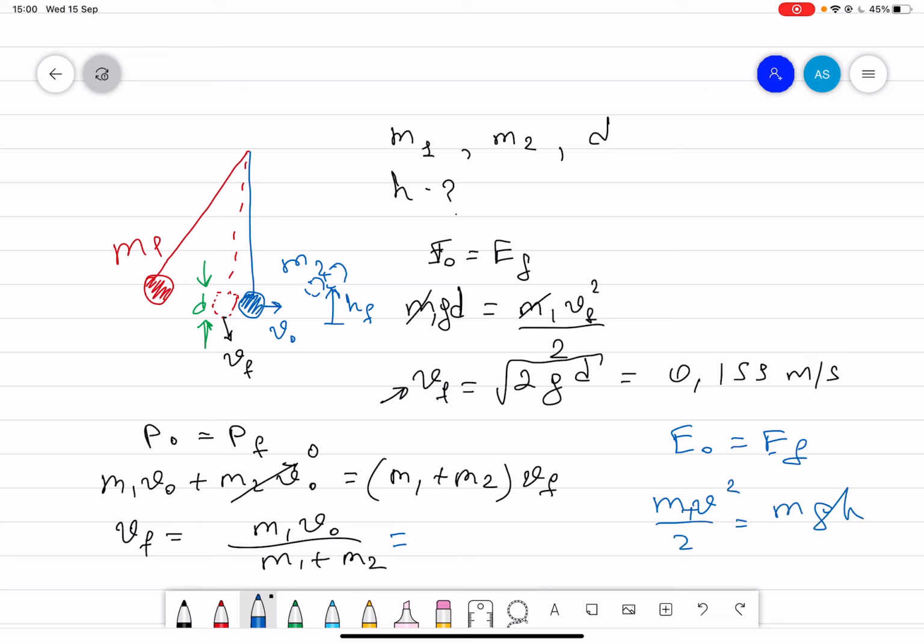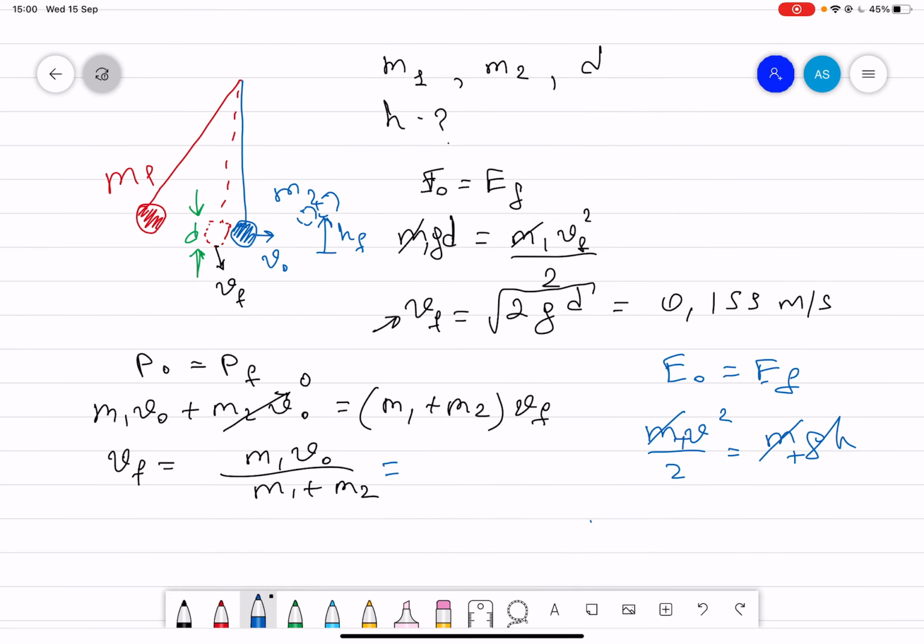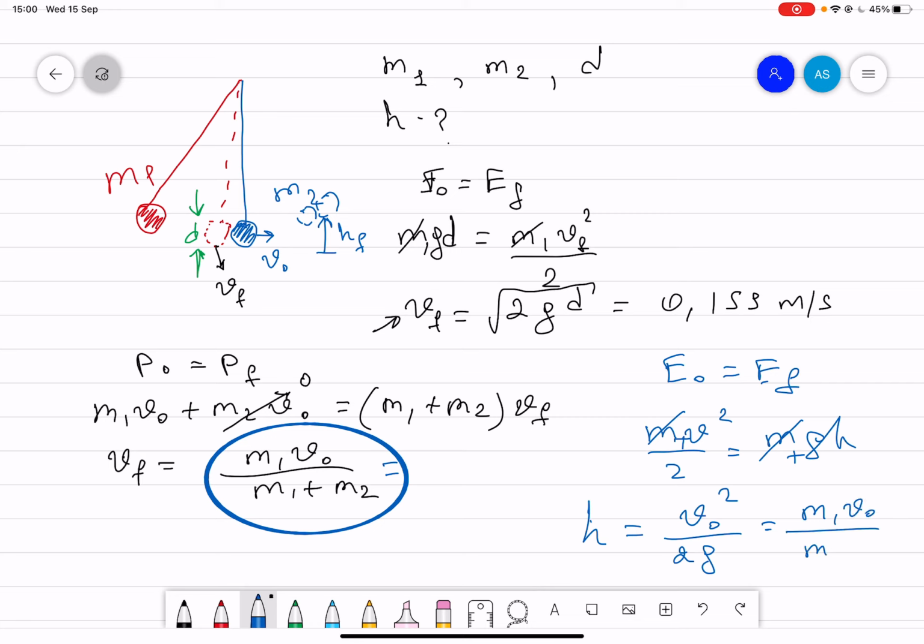Now this is the total mass, so they cancel each other, and from there you can find h, which is equal to V initial squared divided by 2g. Now you take this value and plug it in here: M1 V initial divided by M1 plus M2, squared, multiplied by 1 over 2g. Okay, so that's it.